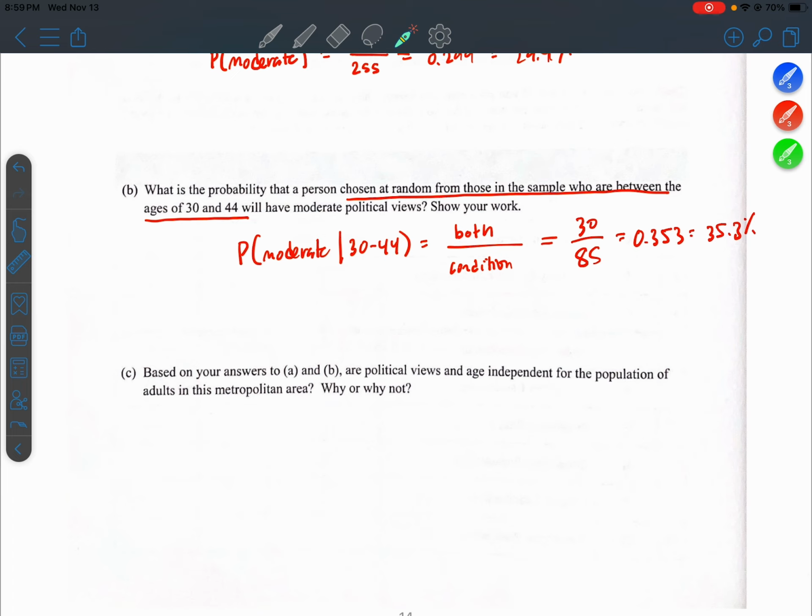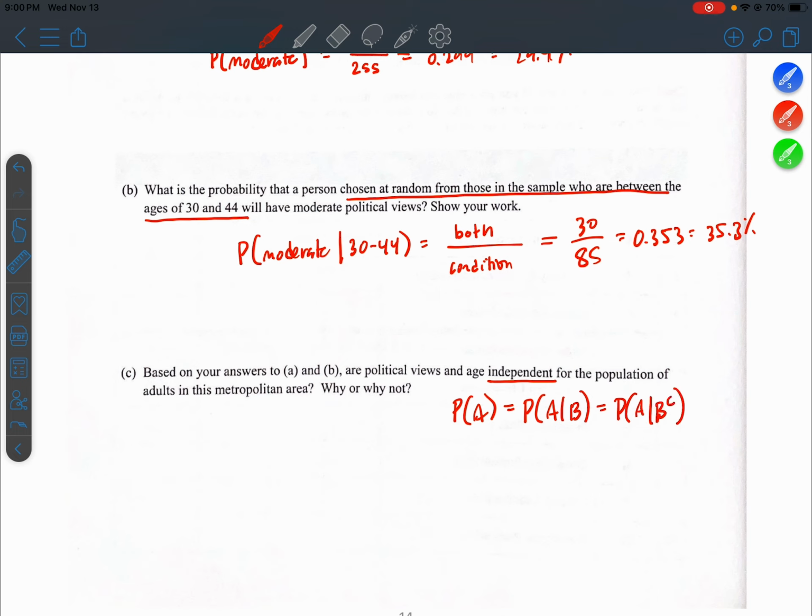Part C, based on your answers to part A and B, are political views and age independent for the population of adults in this metro area? Why or why not? Independence means that the probabilities don't change when we consider a condition. In general, we say the probability of an event is equal to the probability of the event with a condition and equal to the probability of the same event without the condition.